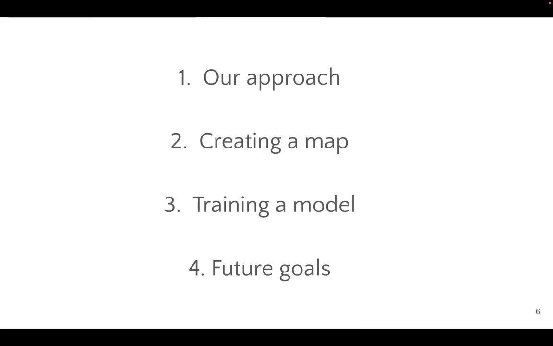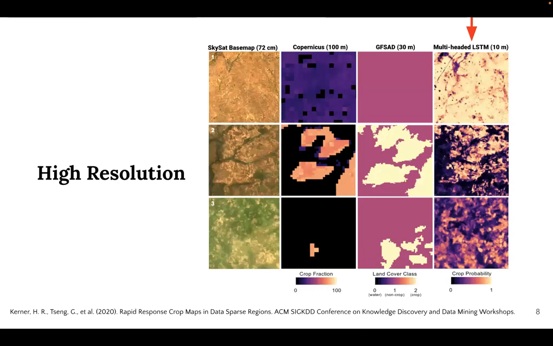Starting with our approach, one of the key differences between our maps and other maps is the high resolution. A lot of other maps made by other groups have a resolution of maybe 100 meters or 30 meters.